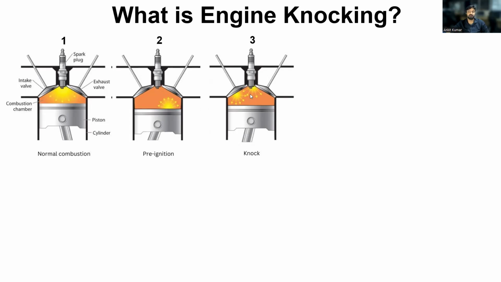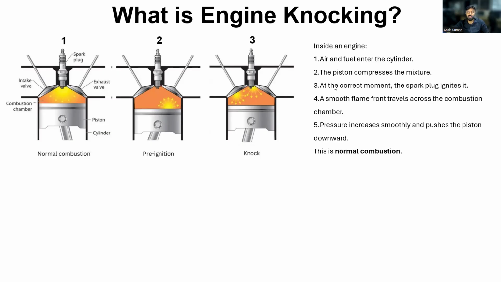During the pre-ignition, both of these sparks collide with each other inside the cylinder-piston assembly of the engine, and this creates vibration, which is the noise. That is also called detonation in technical terms, and this is all about engine knocking.